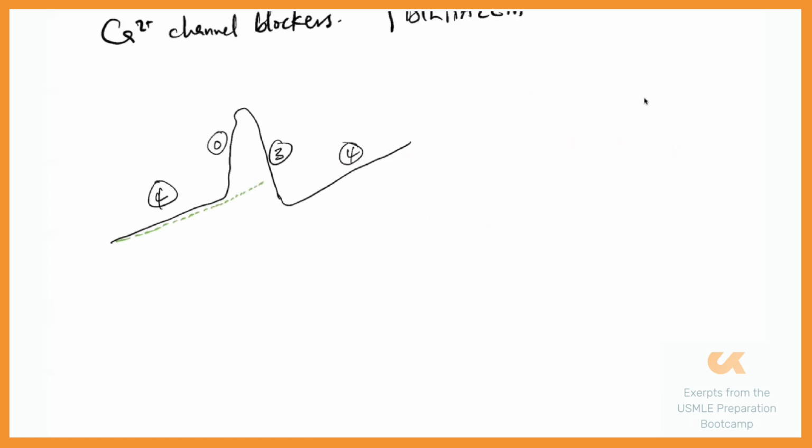If you remember what we said before, phase 4 was calcium channels, and phase 0 was also predominantly calcium channels. So you can imagine that the slope of phase 0 here is going to be less steep. So instead of going up in this manner, it's going to go up in this manner.